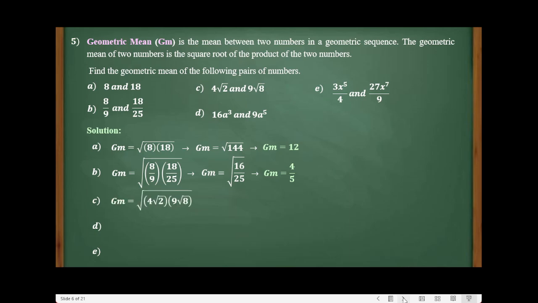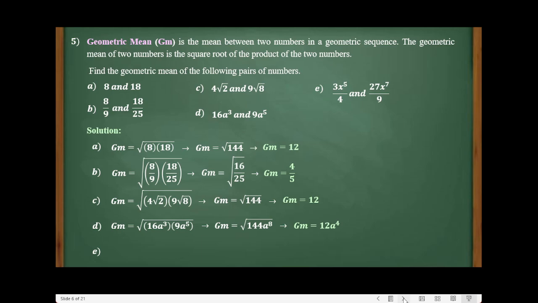For letter C, we take the square root of the product of these two radicals, simplifying the resulting radical in letter C. The geometric mean is 12. And for letter D, we get the square root of the product of 16a cubed and 9a to the 5th. And that is 12a to the 4th.